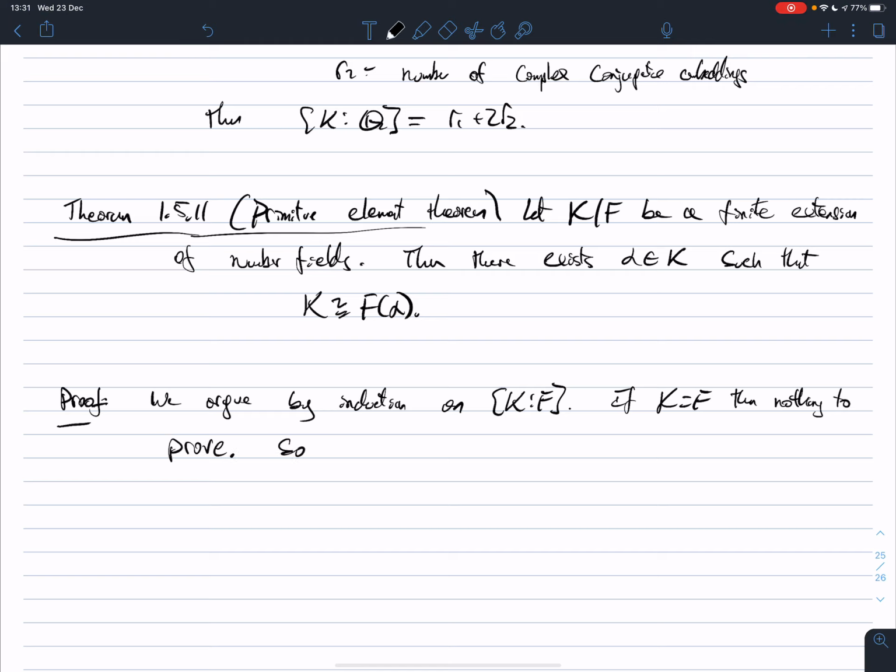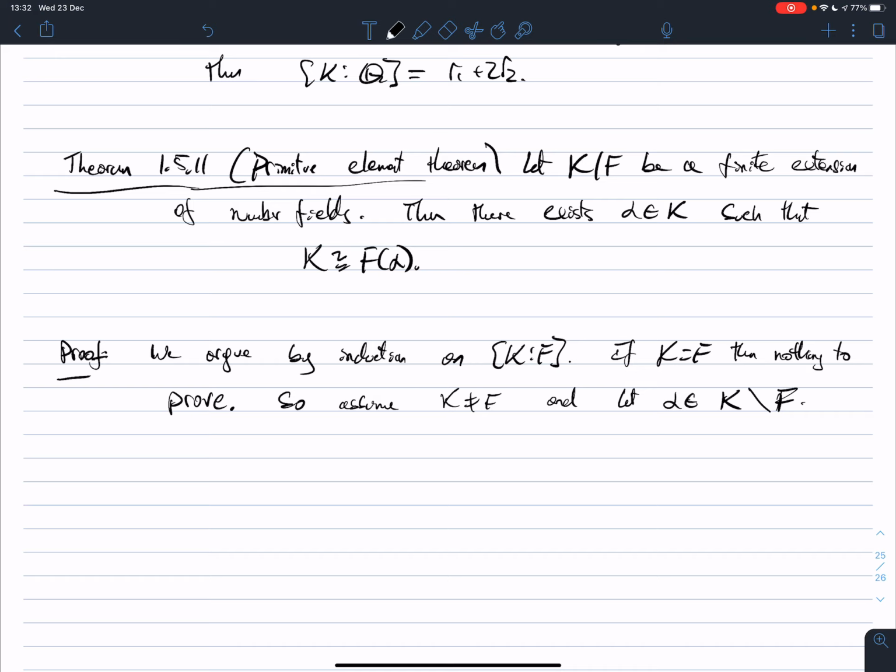So just like we did before, assume that K is different from F, and let alpha be some element of K take away F. This is F removed from K as sets.